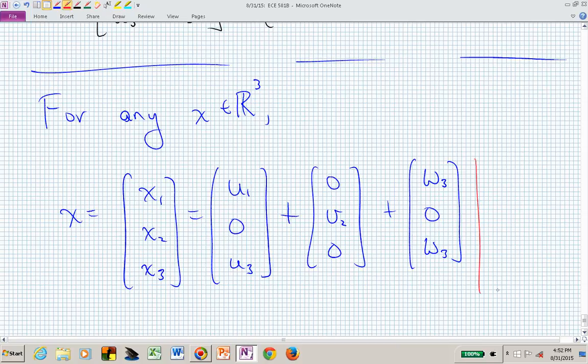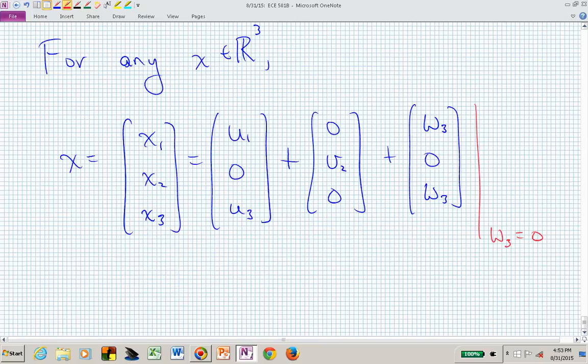If we simply let W sub 3 equal 0, I still have the flexibility to get to any point in 3 space by U1, V2, and U3, since U1 and U3 were independent of each other. And so this now gives us U1, V2, U sub 3.